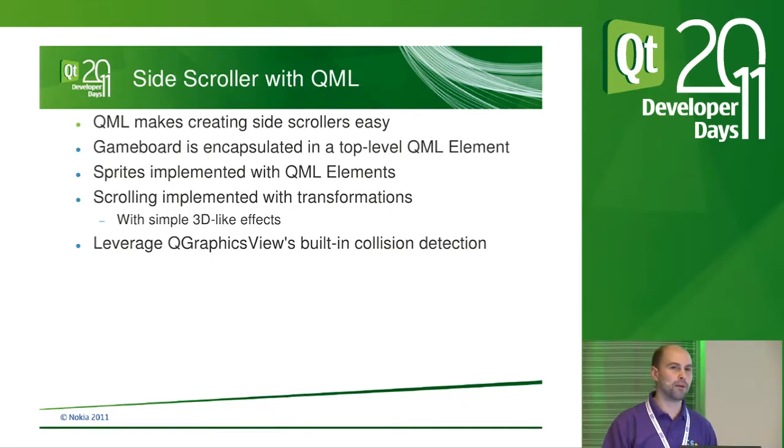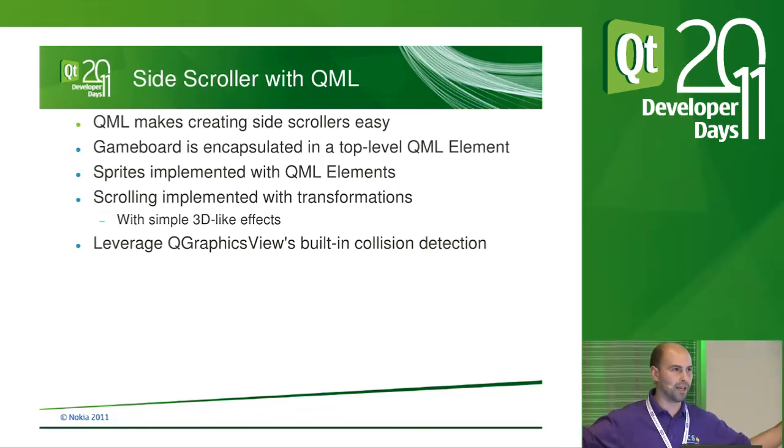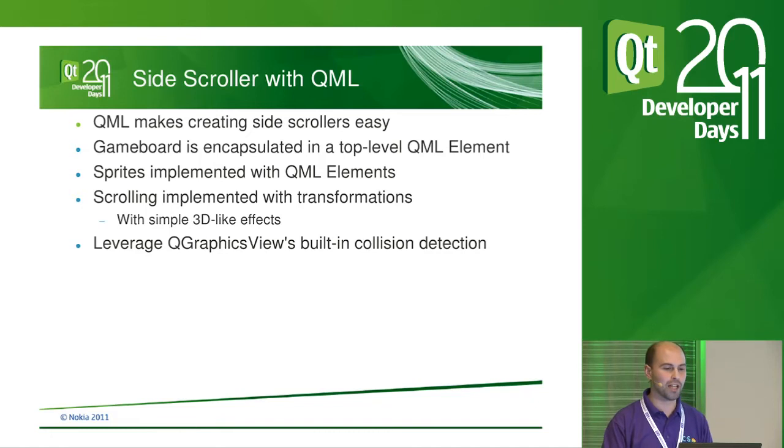So QML is also pretty good at side scrollers. Once again, most games are sprite field-based things, and QML is a sprite field-based language. The game board is encapsulated in one big QML element that we can translate around to get our side scrolling. The sprites are QML elements. And we're actually going to export graphics view functionality from C++ to get its collision detection.